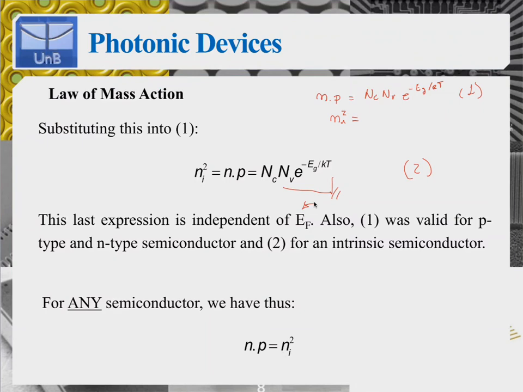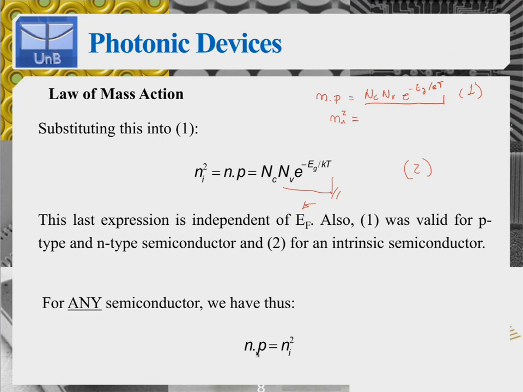Okay, so since 1 was valid even for doped materials, this has to be valid as long as the Boltzmann approximation is valid. Then for any semiconductor, and here we include doped semiconductors, you must always have N times P equals to Ni squared. In other words, even for a doped semiconductor, the electron carrier concentration times the hole carrier concentration has to be equal to the intrinsic carrier concentration squared. Okay, and this is the carrier concentration for an intrinsic material.